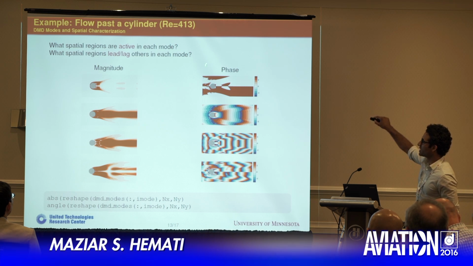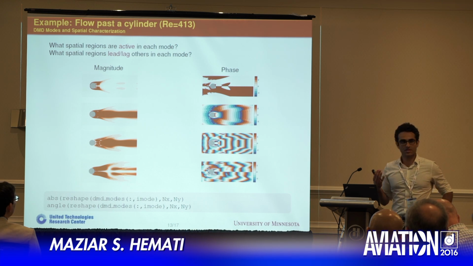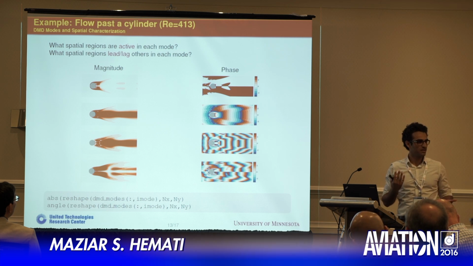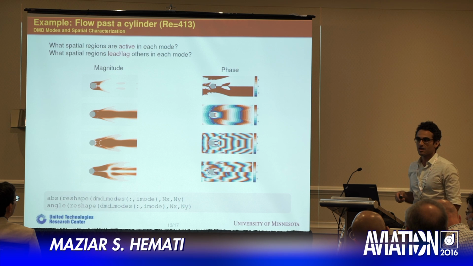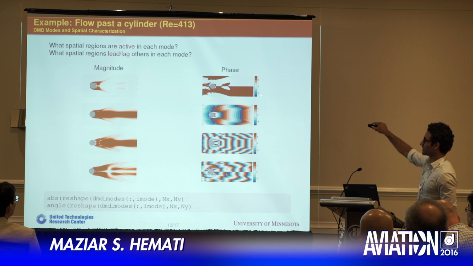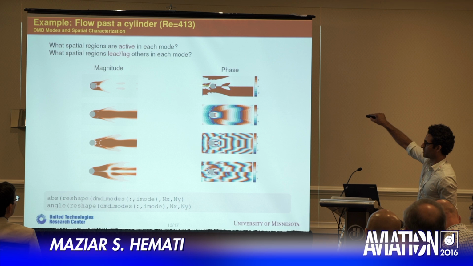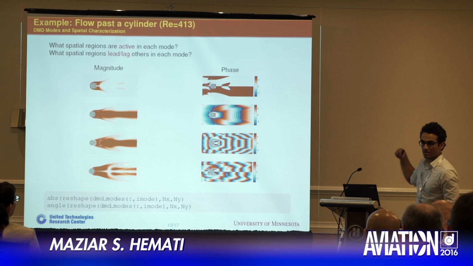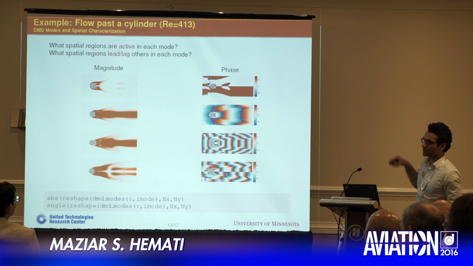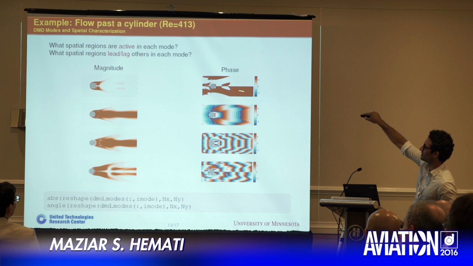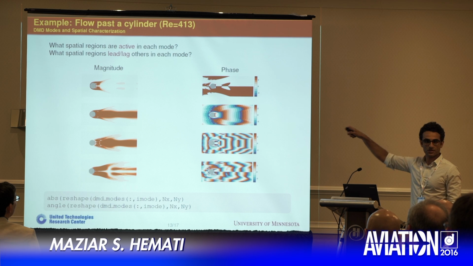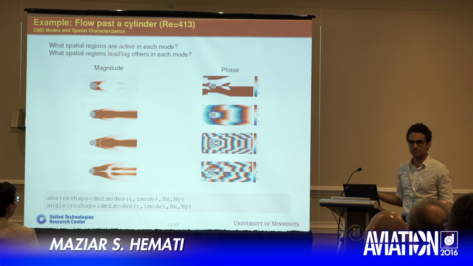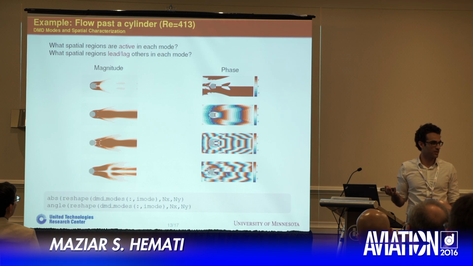And phase tells us about leads and lags of different parts of space with respect to one another. What's really nice about doing this is that from the mean mode, it's immediately obvious, to me at least, that there's an up-down asymmetry. That first constant mode captures the asymmetry of that 2S wake that we were looking at.